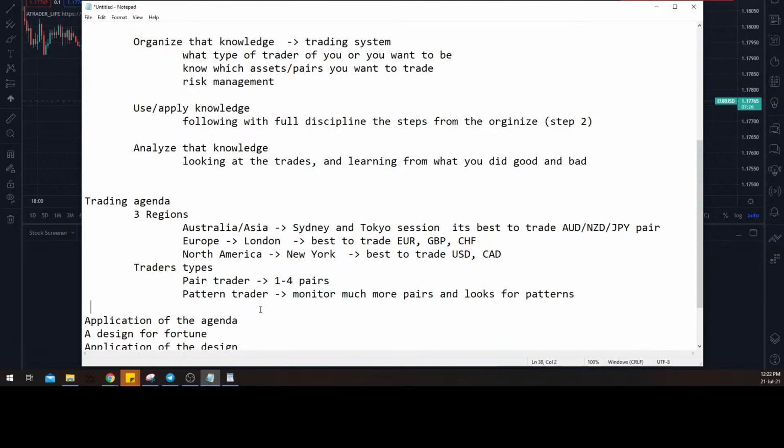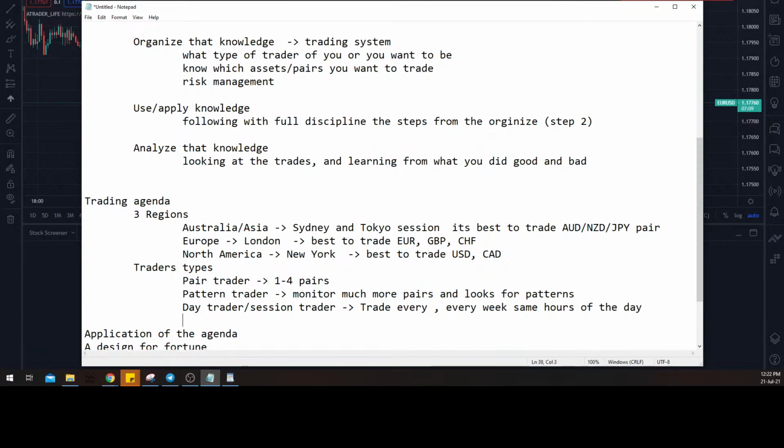A session trader, this is kind of like a day trader, I would say, trades every day, every week, the same hours of the day. In general, it's looking for opportunities.